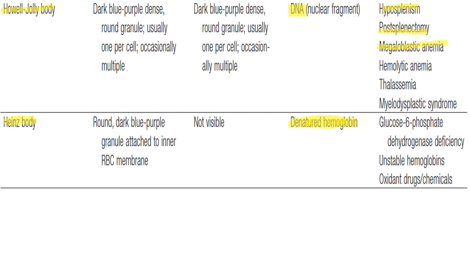And sa hexose monophosphate pathway, ang important enzyme doon is the glucose 6-phosphate dehydrogenase. As we discussed that topic previously, di ba? And kapag dumaan yan sa spleen, kakainin ng splenic macrophages yung Heinz bodies. Therefore, magkakaroon ng bite mark sa RBC. Yun ang tinatawag natin na bite cells.